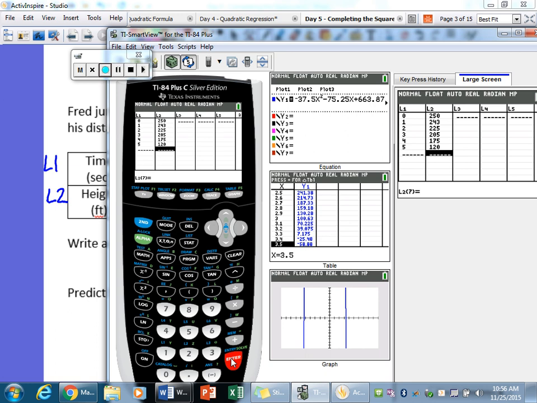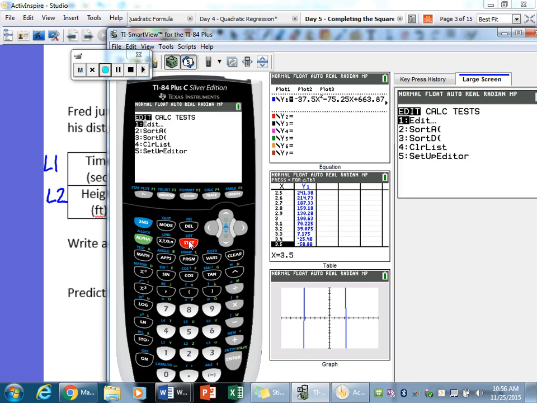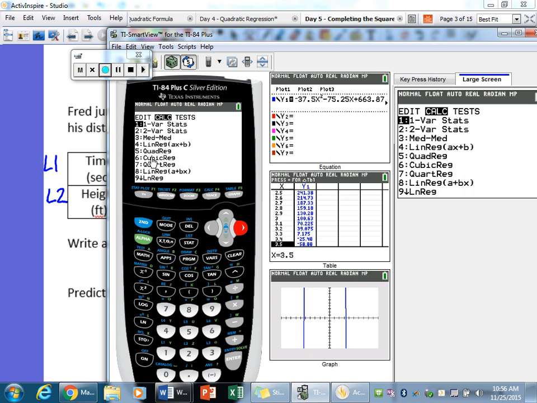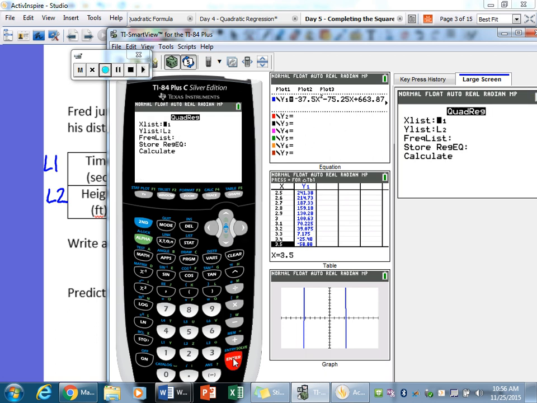And there's my list. So now I need to find my equations. So stat, over, number 5 for quadratic. Enter, enter, enter until you get to calculate.